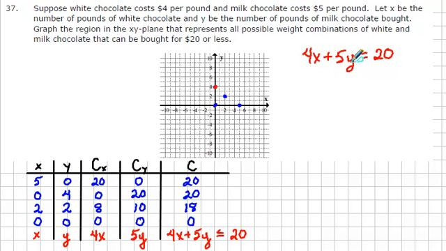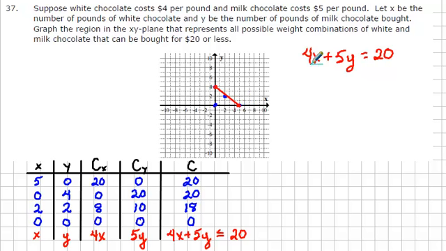What is the x-intercept? Well, the x-intercept occurs when y is 0. And we've already seen that when y is 0, the corresponding value of x is 5 if we want the total cost to be 20. So we have the point 5, 0. And then we can just draw the line that connects these 2 points. So we start at 0, 4, and then draw the line that goes down to the point 5, 0.